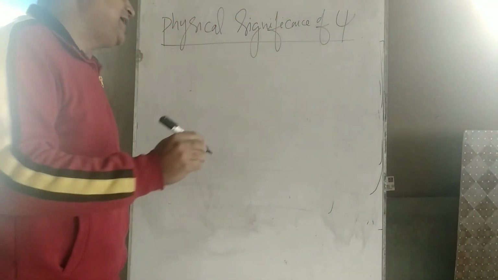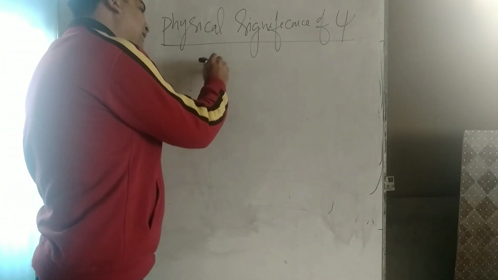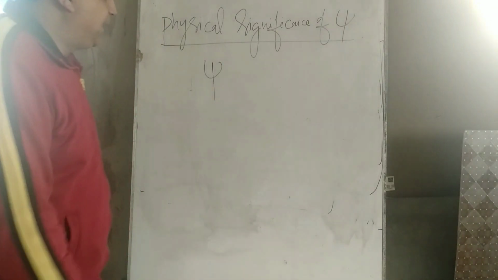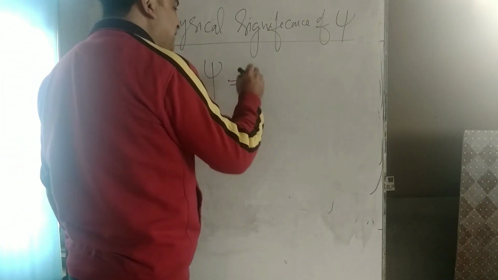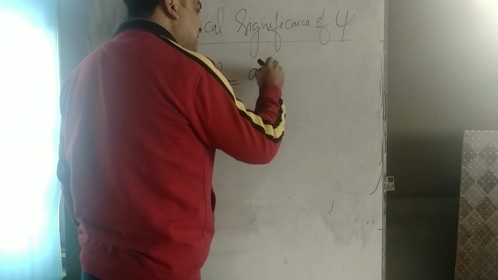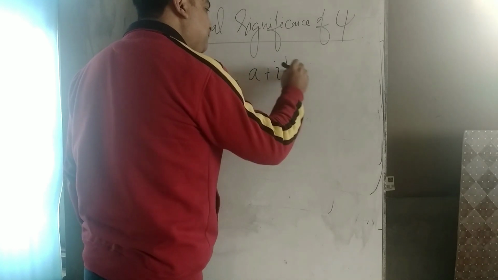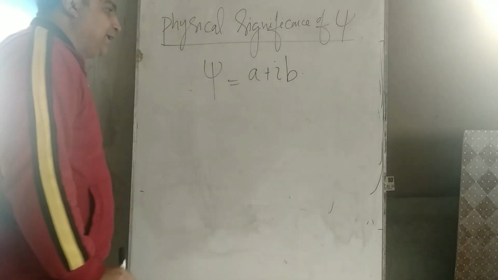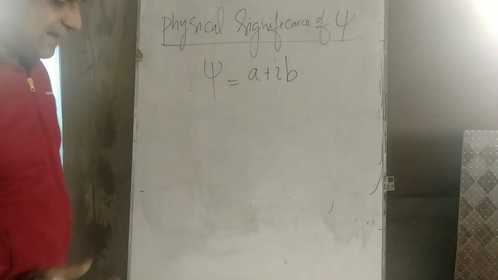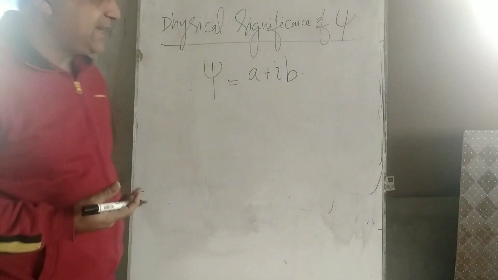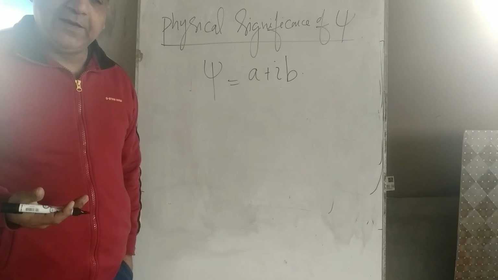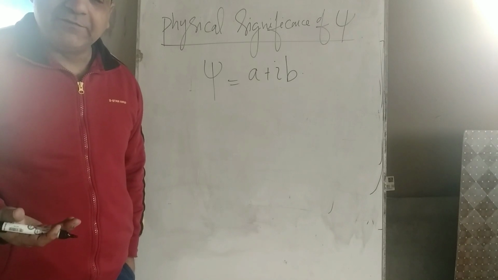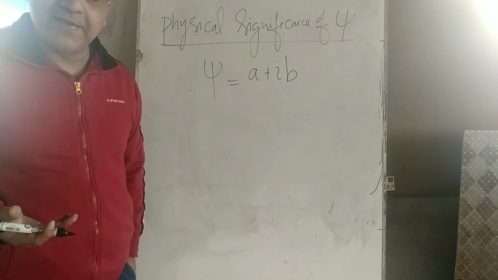We have to understand that this psi is a complex function, and if I choose a complex number for this psi as a plus iota b, then as said earlier, this psi cannot be directly measured. It doesn't have physical significance at all.